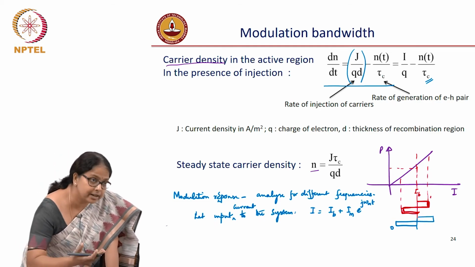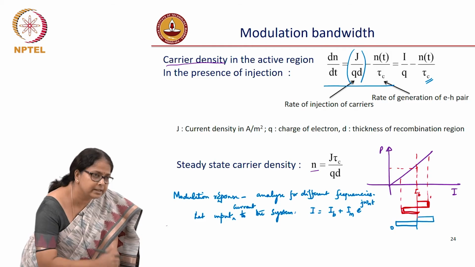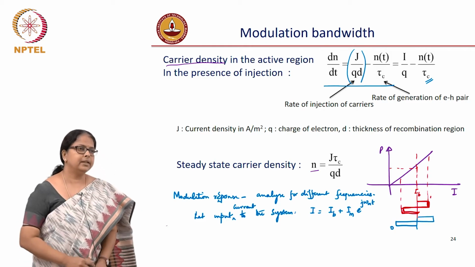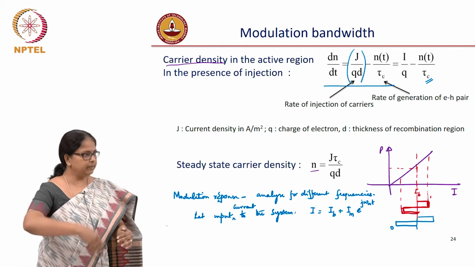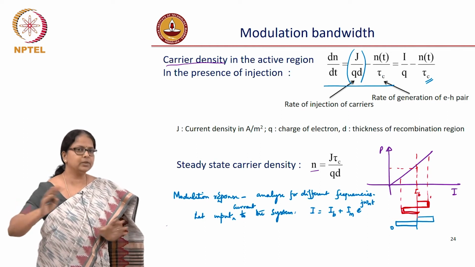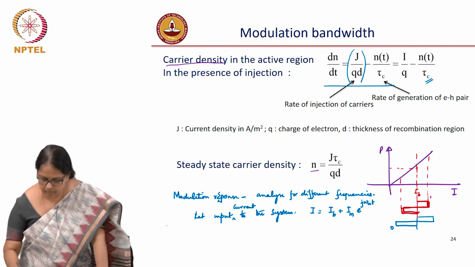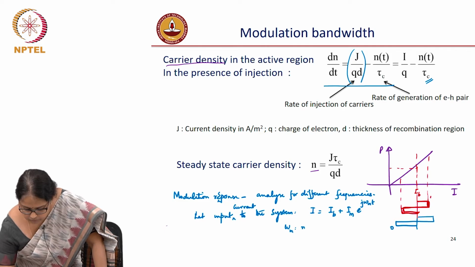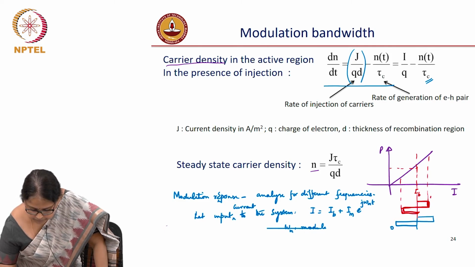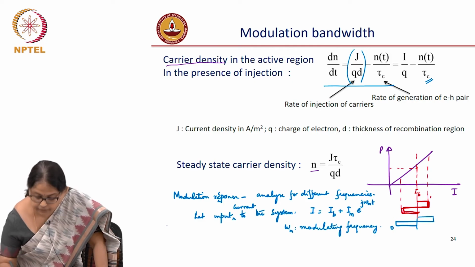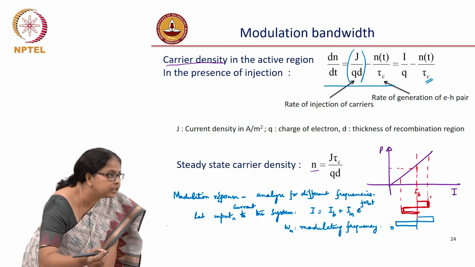So, when I change the current to the system, what is the consequence? What is the next immediate consequence? Instead of giving a fixed current, I am giving a varying current whose frequency is omega m. Now, omega m is your modulating frequency, and your objective is to find out how high can this modulation be.